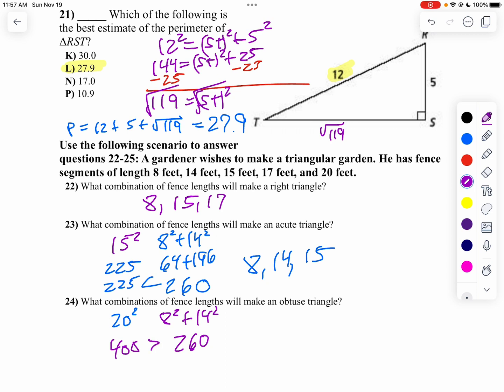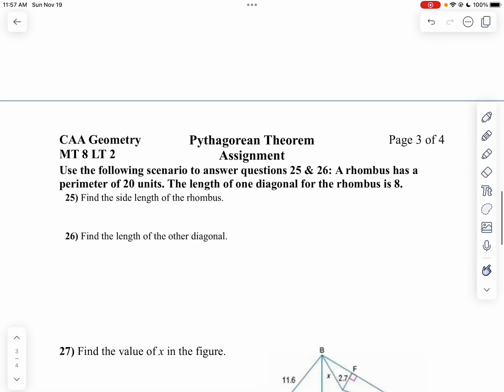That would be obtuse then. So we'll go 8, 14, and 20. And as long as you show your work, you probably got it right, because there's more than one correct answer on these. I just picked 2 of them.